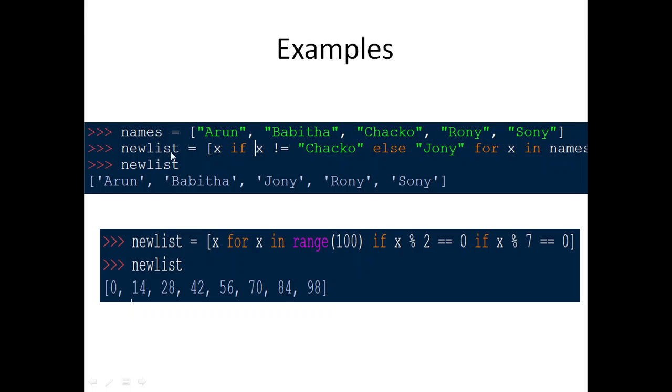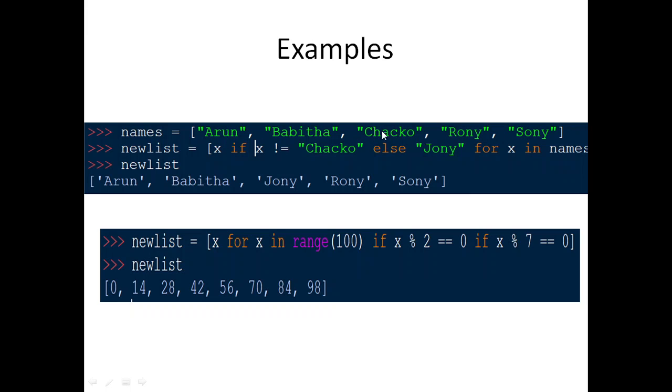We have names, and new list = [x if x != 'Chaco' else 'Johnny' for x in names]. What happens is, if x equals Chaco, it will replace that name with Johnny. So instead of Chaco, it will be replaced with Johnny. Otherwise, all the names will be printed out.